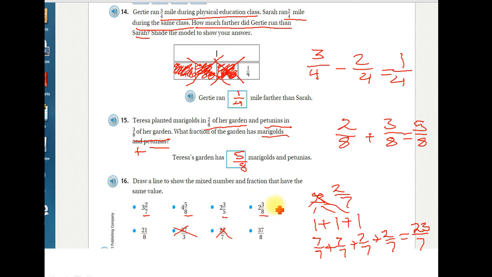And then we have 2 and 3/8. Again, it has 8 as a denominator. It's going to connect to one of these 2. Which one of these 2 is equal to that? Or maybe it's none, right? Which we found out on this one. It's not equal to any of these. All right, good luck, and I will see you on the next video.